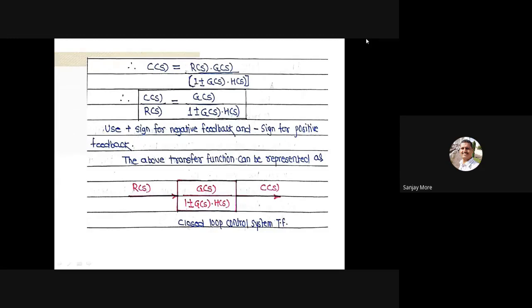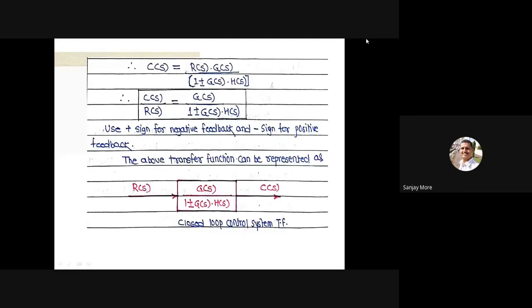Then, therefore, C(S) divided by R(S) is equal to G(S) divided by 1 plus minus G(S) into H(S). Use positive sign for negative feedback and negative sign for positive feedback.